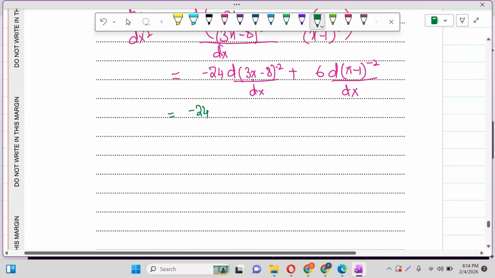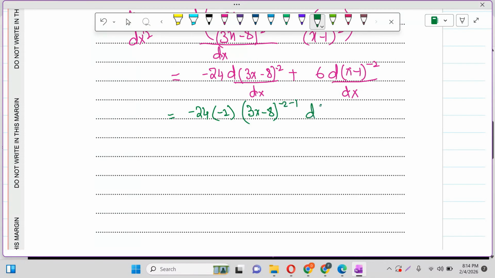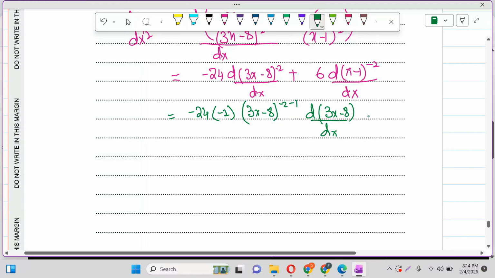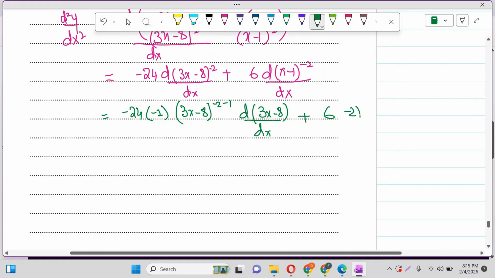Negative 24 times the derivative of (3x minus 8) whole power negative 2 is negative 2 times (3x minus 8) to the power of negative 2 minus 1, and the derivative of the inner function, 3x minus 8, with respect to x, plus 6 times the derivative of (x minus 1) whole power negative 2, which is negative 2 times (x minus 1) to the power of negative 2 minus 1, and the derivative of the inner function x minus 1.